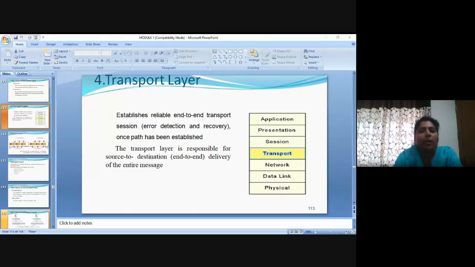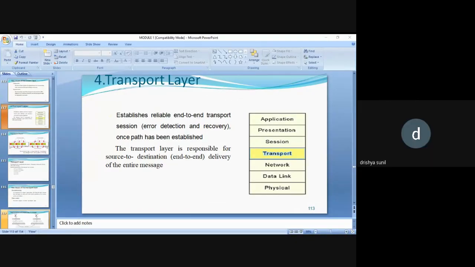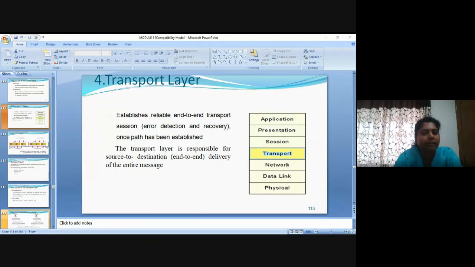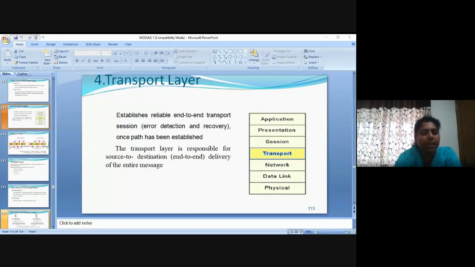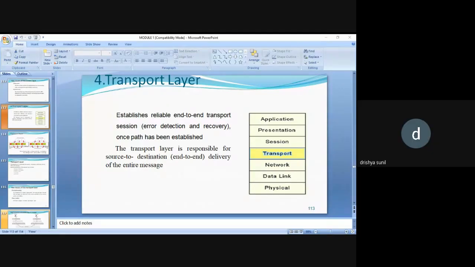Okay. Now, what are the functions of the session layer? Who will be telling? Drishya. What were the functions of the session layer? Session management. Okay. First it sets up the connection, then manages, terminates.